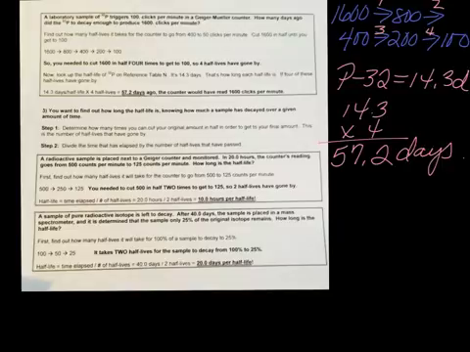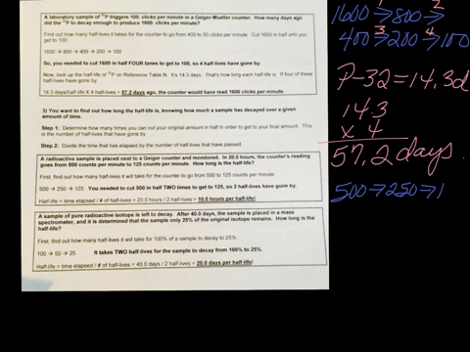A radioactive sample is placed next to a Geiger counter and monitored. In 20 hours, the Geiger counter's reading goes from 500 counts per minute to 125 counts per minute. How long is the half-life? So the first thing that we want to do is figure out how many half-lives took place. We know that we started at 500. Half of 500 is 250.